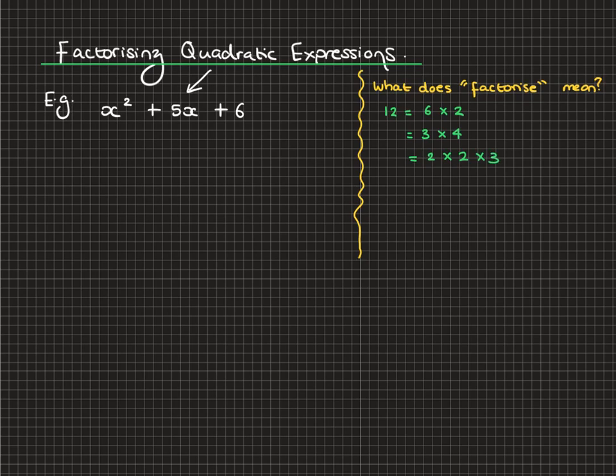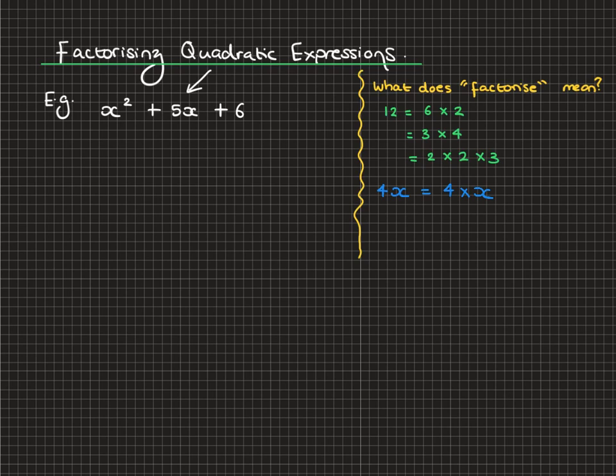So factorize means a lot more than put brackets in. That's a very simplistic way of looking at the concept of factorization. Factorization means find the factors. So for instance, if I then asked you to factorize for me 4x, well, 4 and x are the factors.